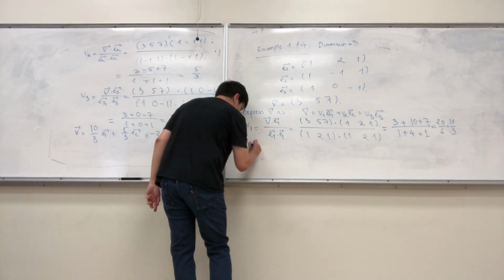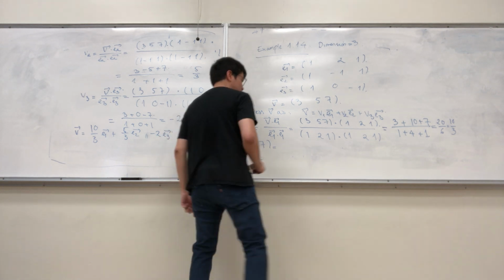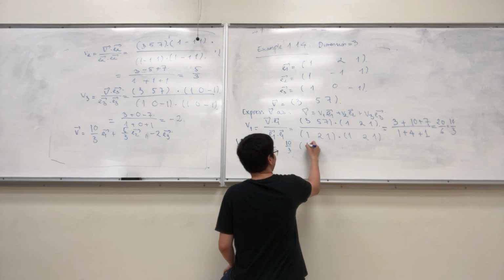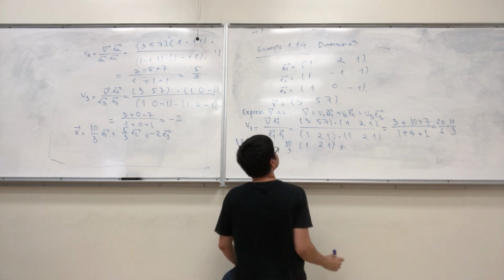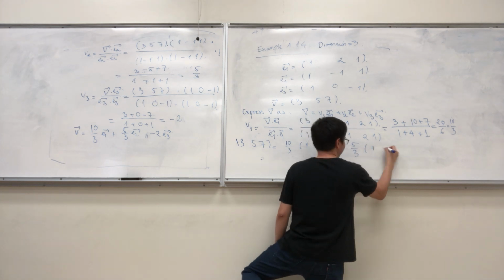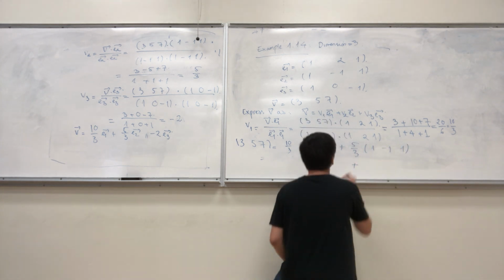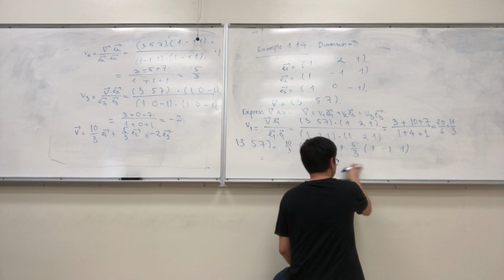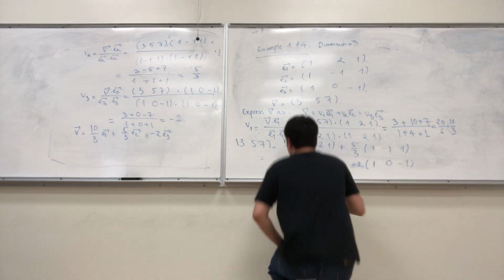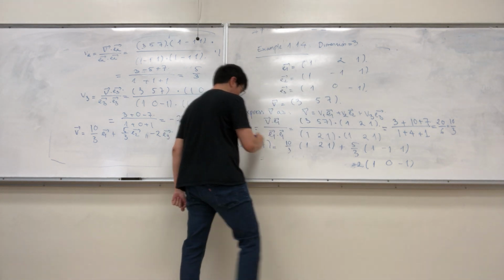So we have (3, 5, 7) is 10 over 3 of (1, 2, 1) plus 5 over 3 of (1, -1, 1) plus minus 2 of (1, 0, -1). Right, so this is the formula that we have.